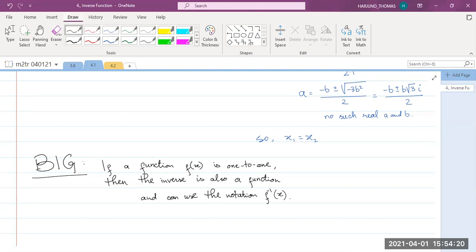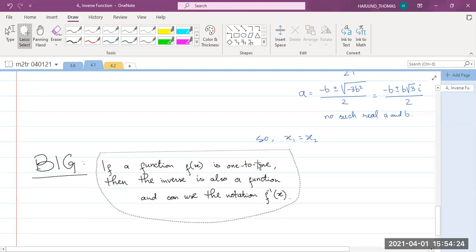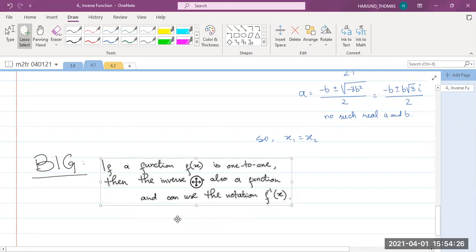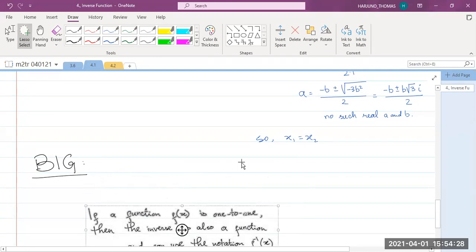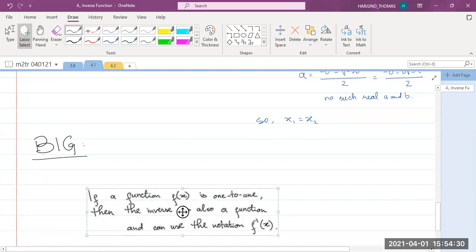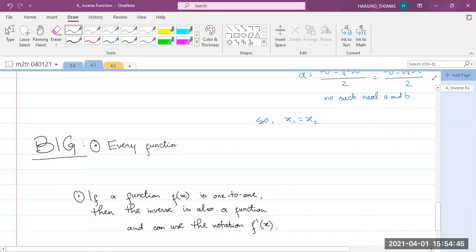Now I believe I mentioned this in my lesson before, and I want to mention it again here. It's something that not a lot of instructors agree with me on, but hey, I know what I'm talking about. This statement, every function has an inverse.